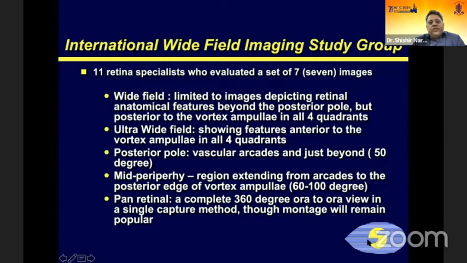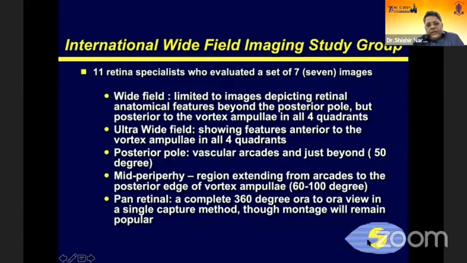So I'll be talking on the options and advantages of ultra wide field imaging. An international wide field imaging study group comprising 11 retina specialists evaluated a set of seven images and tried to define these terms.